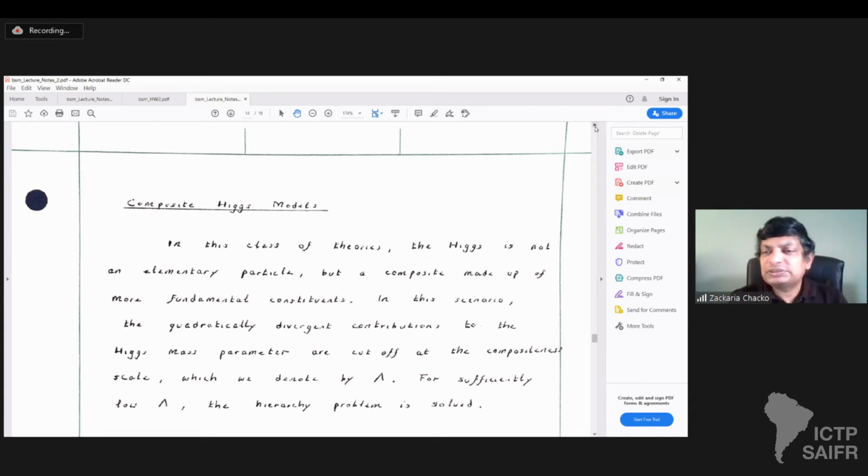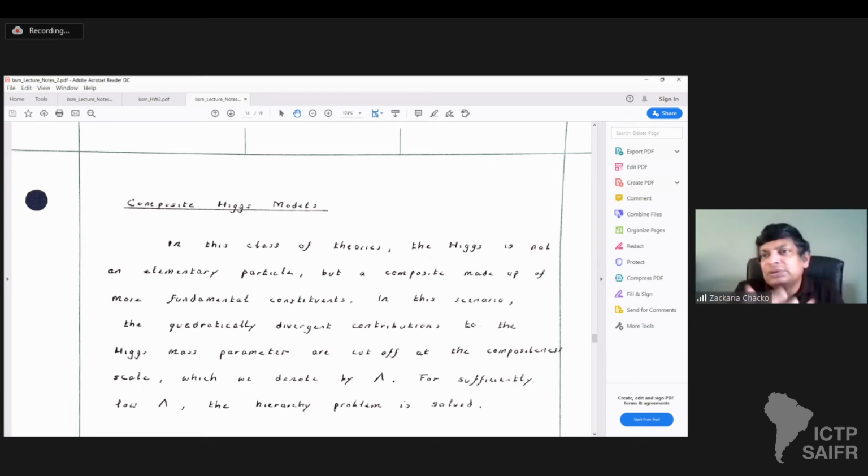And since the Higgs is not an elementary scalar, the quadratically divergent contributions to its mass are cut off at the compositeness scale. There are quadratically divergent contributions to its mass, but above this compositeness scale, which we call lambda, the Higgs doesn't exist. Maybe all you have is elementary fermions, which at low scales glue together to form the Higgs.